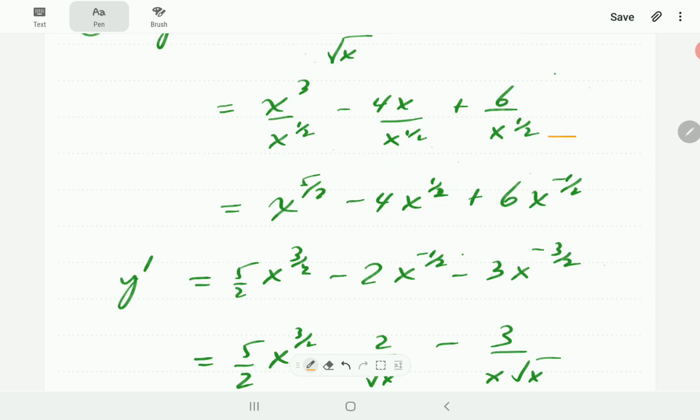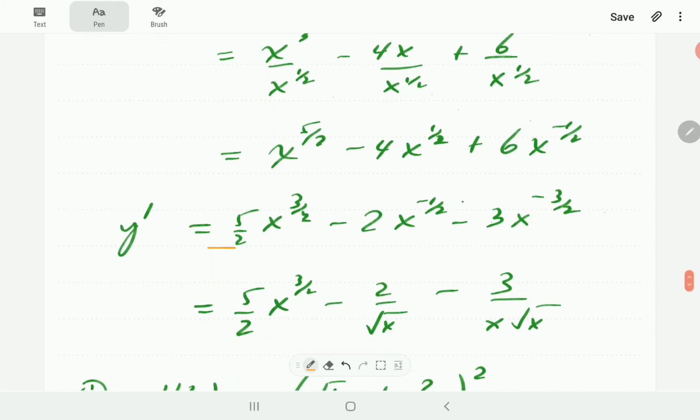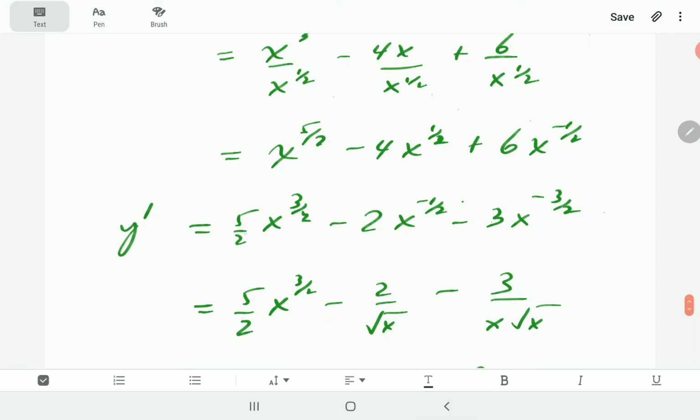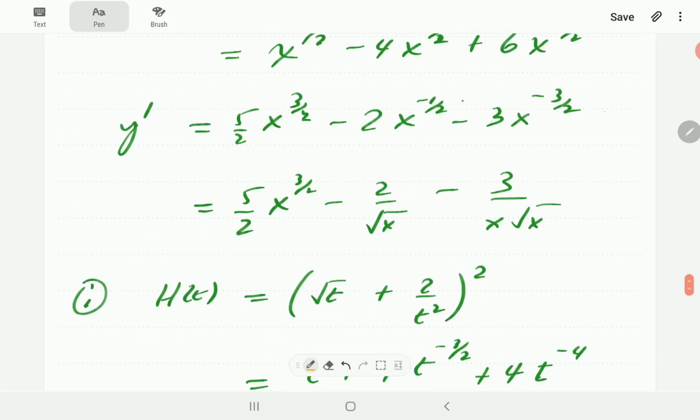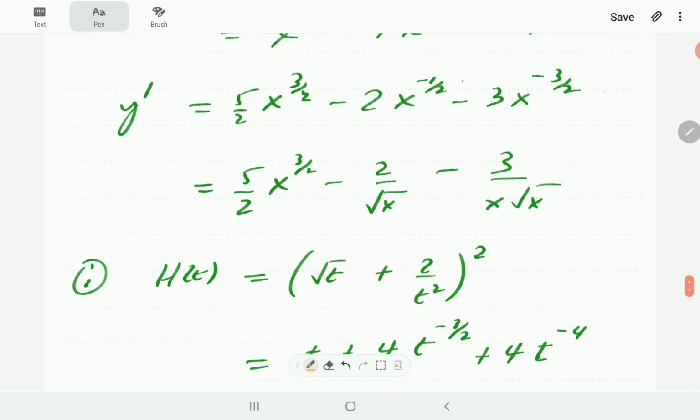This one, simply take the x to the power half up, so the power becomes minus half. And now when you differentiate, we multiply by 5 on 2 here and subtract 1. So that becomes 3 halves, multiplied by 1 half here, subtract 1, multiplied by negative half there, and subtract 1. So we can write this in terms of radicals like that.